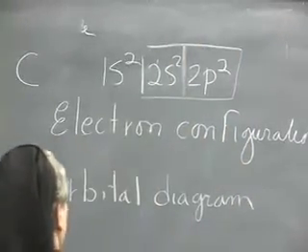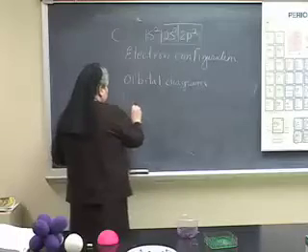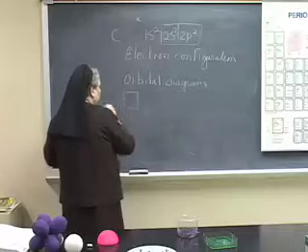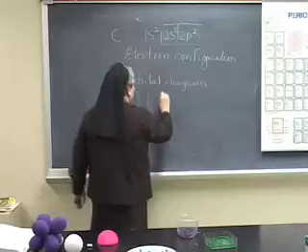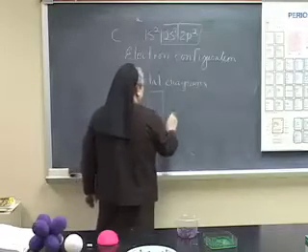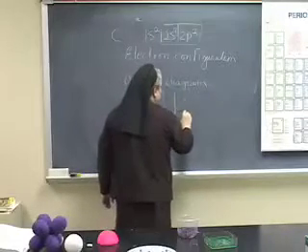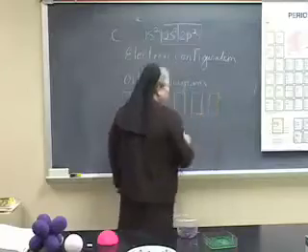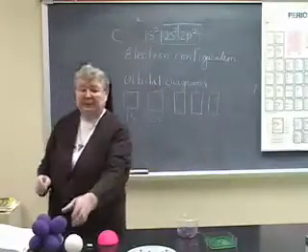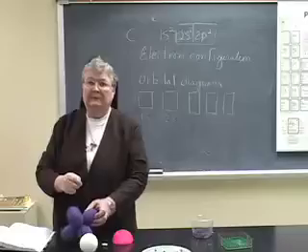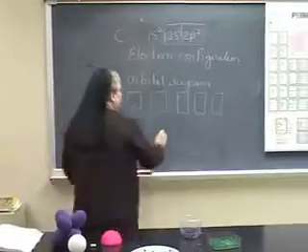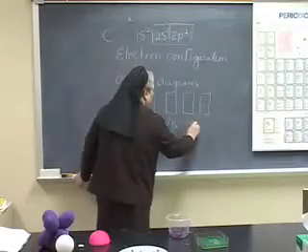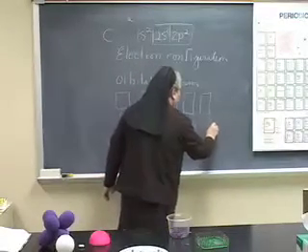Now, what we can do here is that we can make boxes. That's a diagram, and this represents the 1s. This represents the 2s. And for the p, we have to make 3 boxes, because there are 3 p orbitals. Remember? Px, py, pz. So I'll label them that way: 2px, 2py, 2pz.